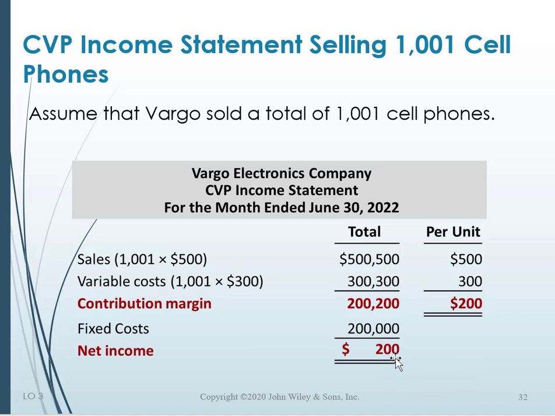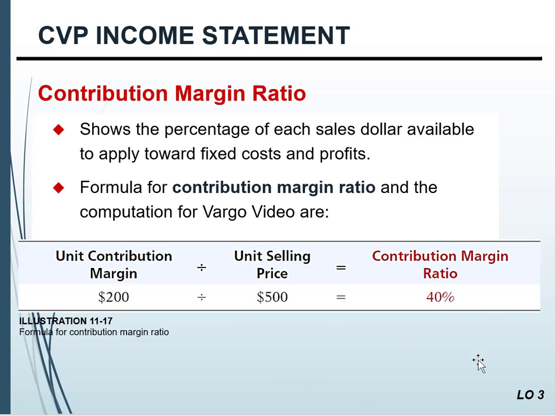So 1 times 200 is this. What if you sold 1,100? Well, it's 100 times 200. That would be what? $10,000 would be the profit if you sold 100 over the break-even point. So again, it's just some shortcuts that allow us to develop an understanding of the profit potential of the company.